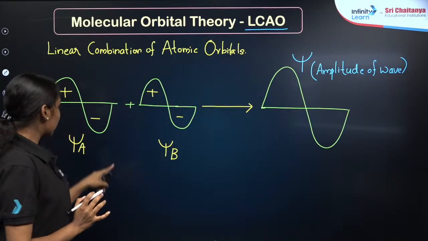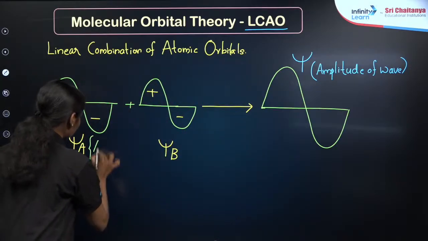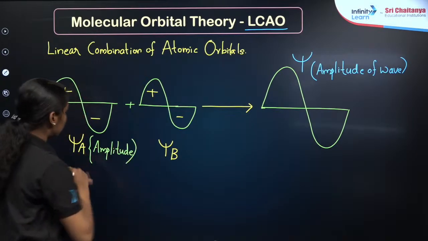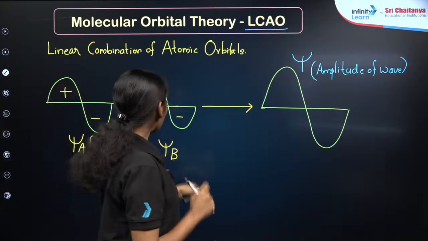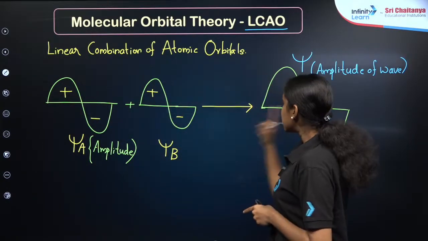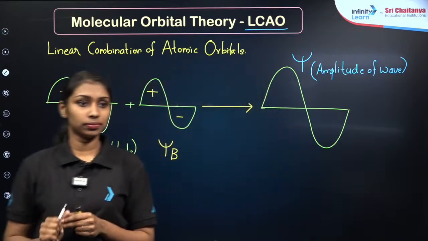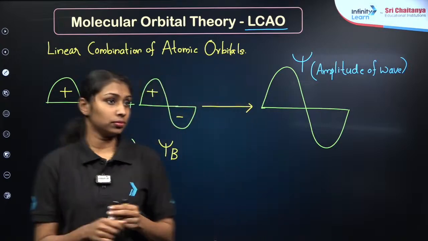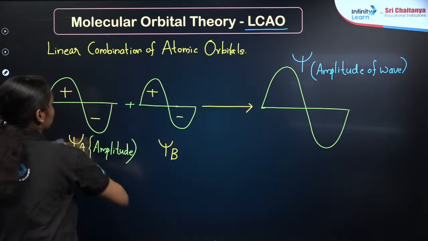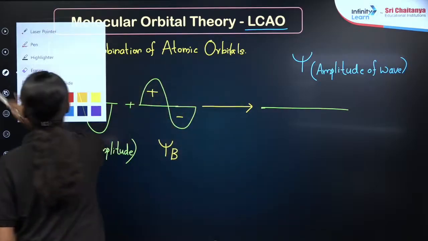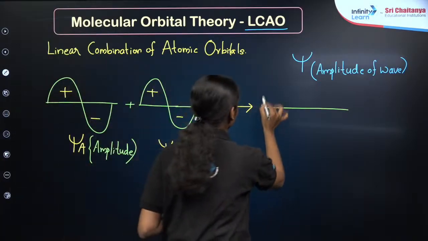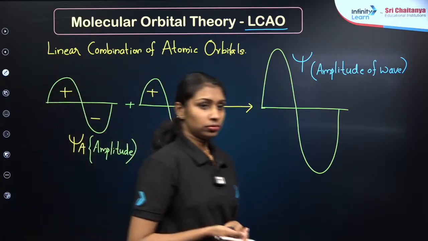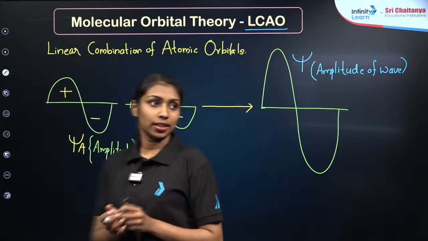What will be the amplitude here? Psi A represents the amplitude of the first wave and psi B represents the amplitude of the second wave. Then the resultant wave has the amplitude psi A plus psi B, since these are adding.